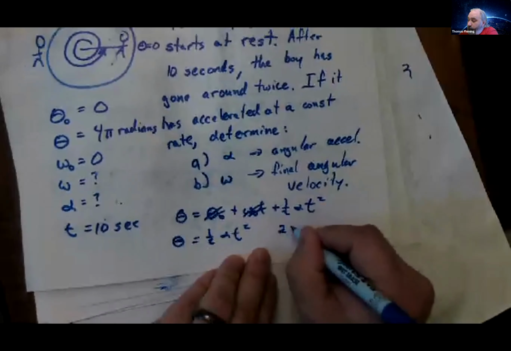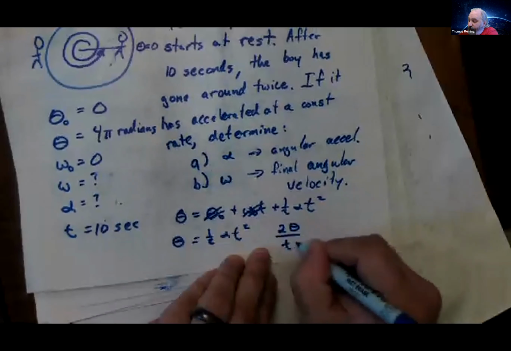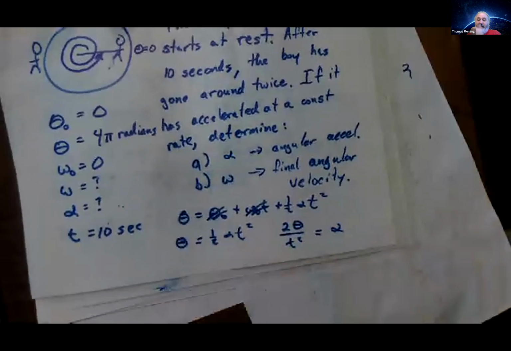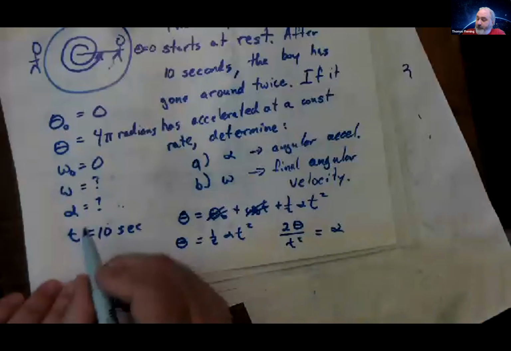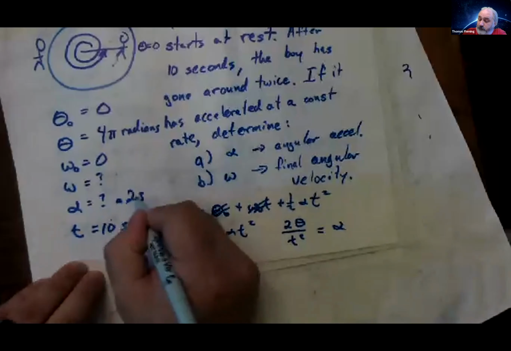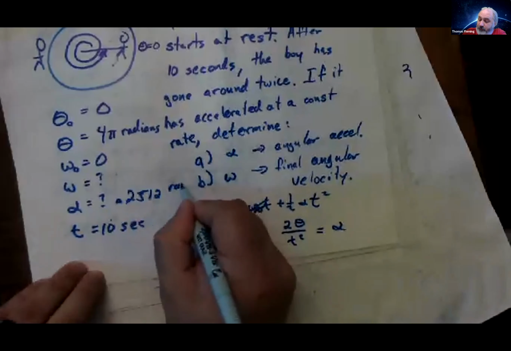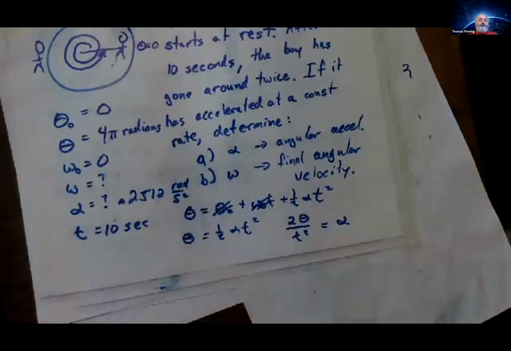So alpha equals 2 theta over t squared, which in this case is 2 times 4 pi, so 8 pi divided by 10 squared. So 8 times pi divided by 100. I get 0.2512 radians per second squared. Piece of cake.